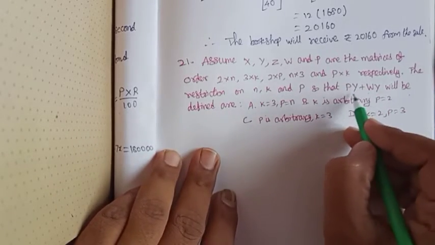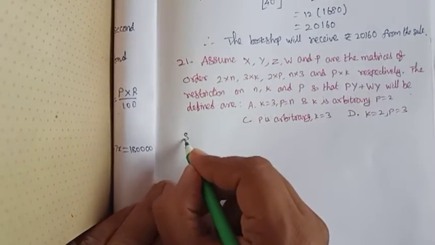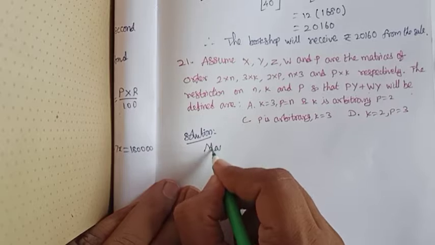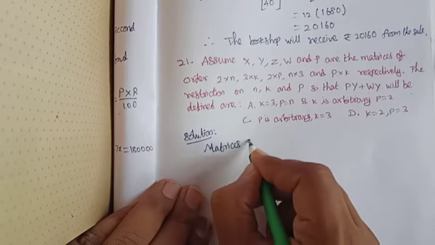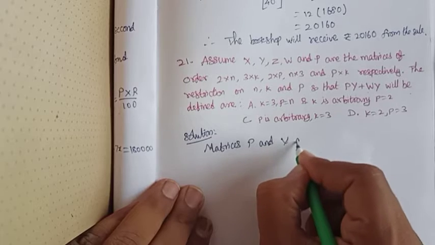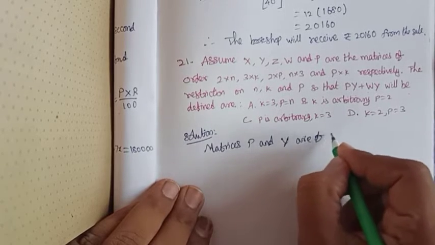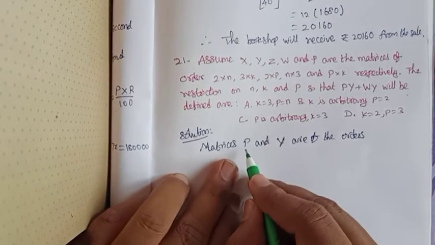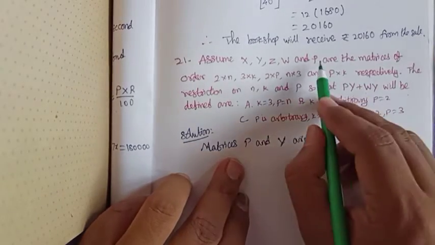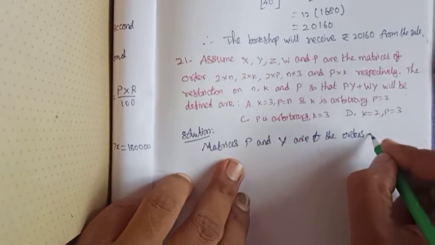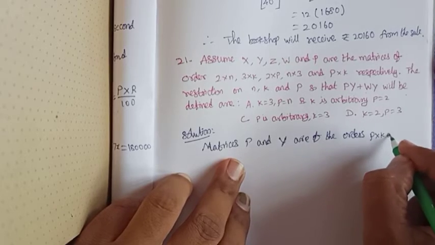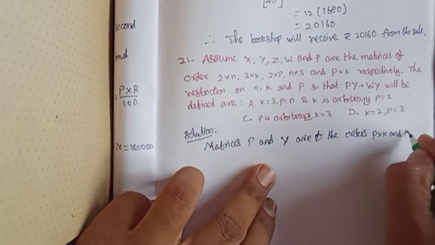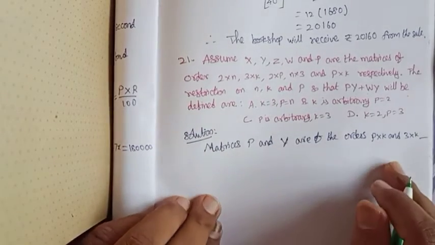First of all, we consider the P and Y matrices. Solution: the matrices P and Y are of the orders P by k for matrix P, and 3 by k for Y respectively.